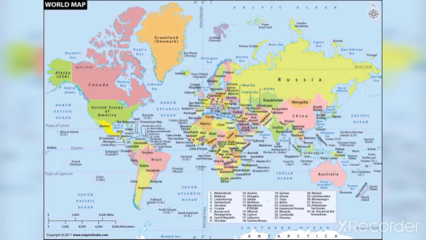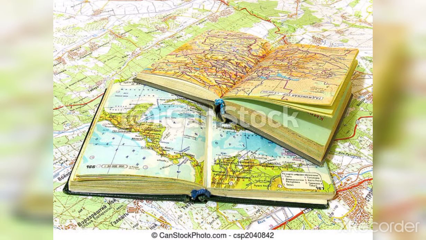Types of maps. A book of maps is called an atlas. When we turn its pages, we will find that there are several types of maps in it. Some of the maps are physical maps and political maps. Physical maps show mountains, plateaus, plains, rivers and water bodies.